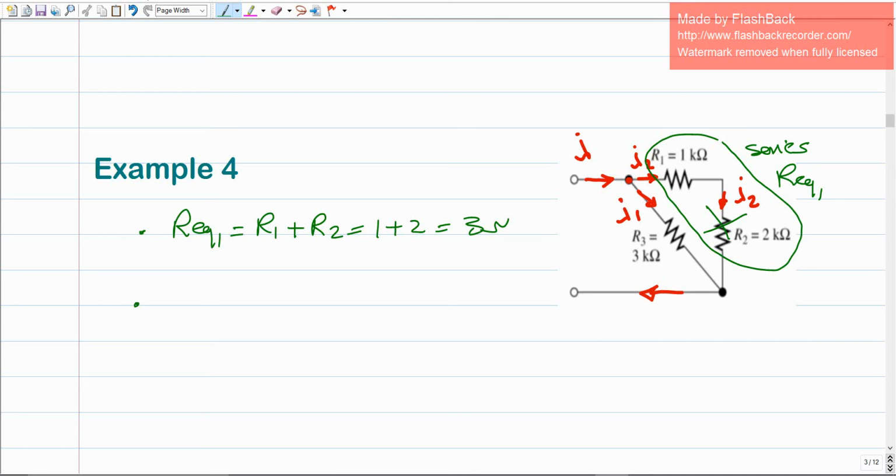So imagine that we get rid of these resistors and we just have this one. So if I ask you what is the relation between R equivalent 1 and R3, are they parallel or series? Definitely they're going to be parallel. Why? The current has been split and divided over them. Make sense?